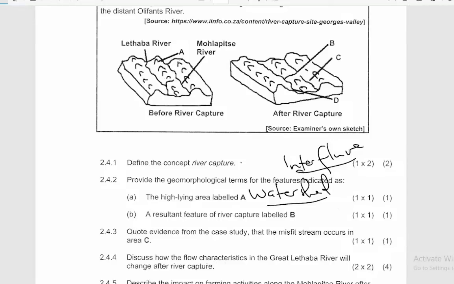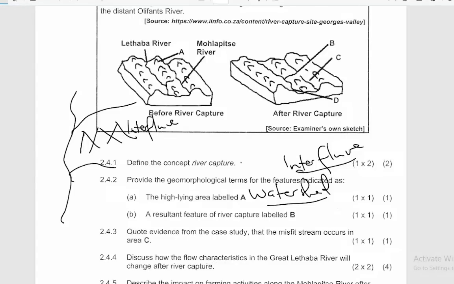For example, we have this stream, it has a tributary here, here's another tributary here, and there's a highlying area here. This is an interfluve, splitting stream A from stream B, but both streams are within the river system of river Ara. So an interfluve is different from a watershed.